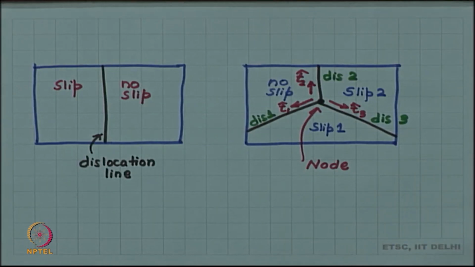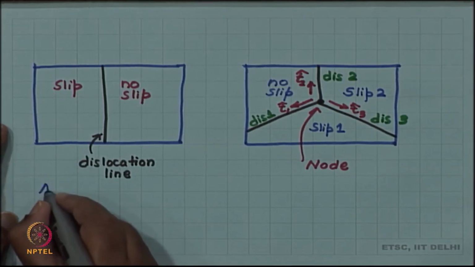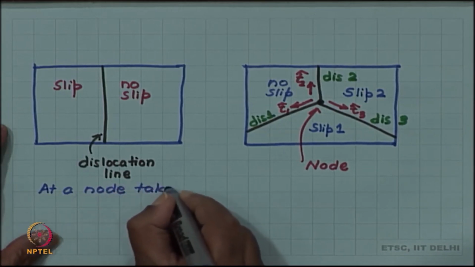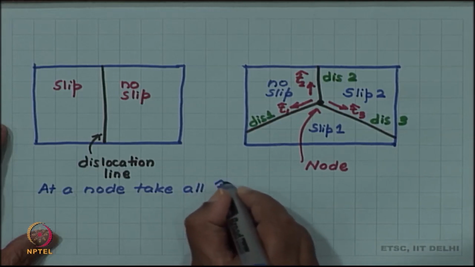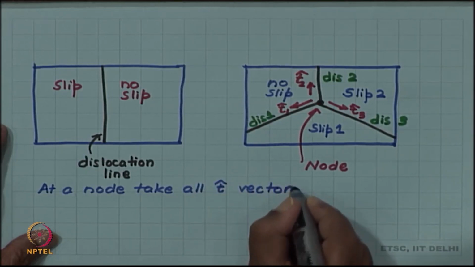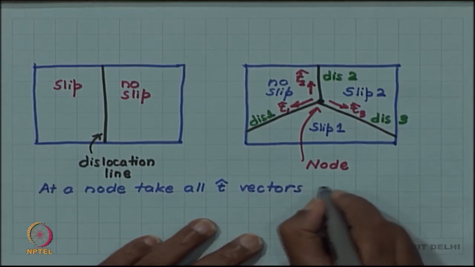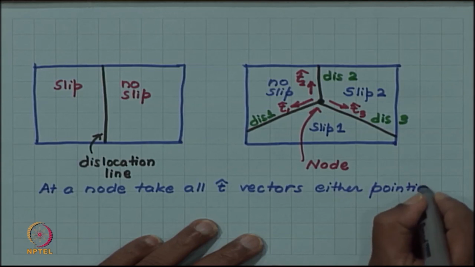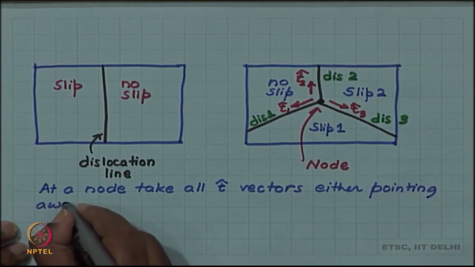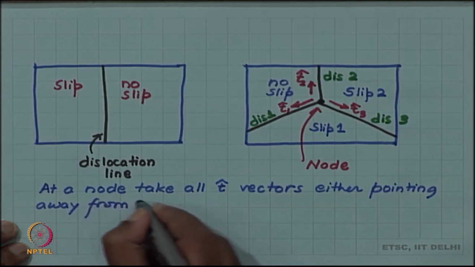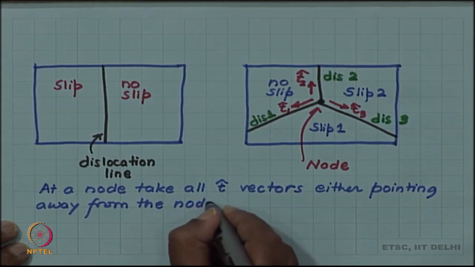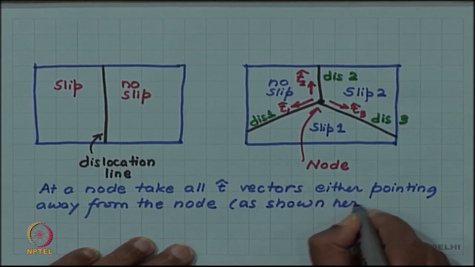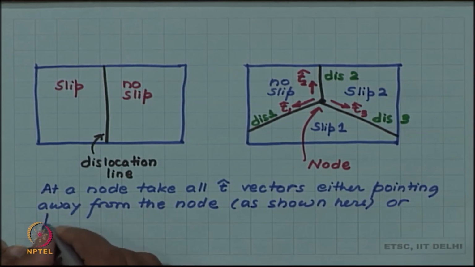So, in the node the convention is, let us write down, at a node take all T vectors, the tangent vector or the line vector, either pointing away from the node as shown here, or pointing into the node.